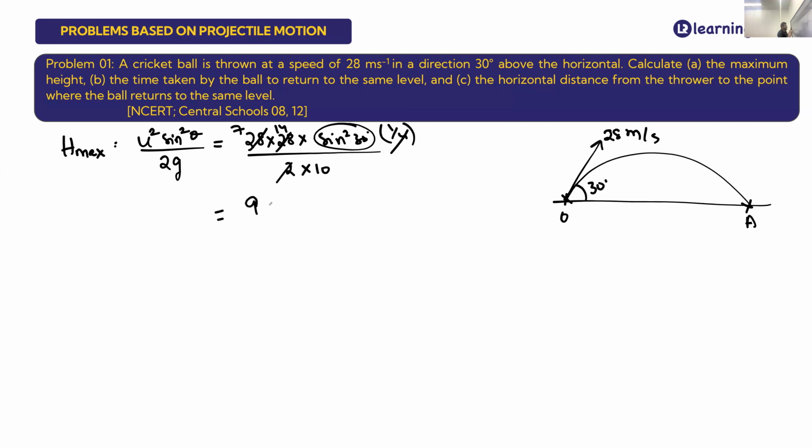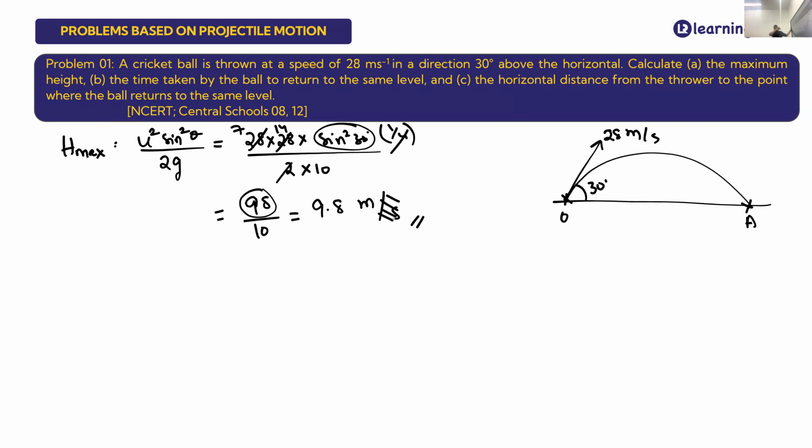So 98, the whole divided by 10, it will be 9.8 meters. Actually, in this problem, if you take the value of G as 9.8, here you got the multiple as 98, then it will be easy. Then you will get the answer as 10. Okay, 9.8 meters. Got it?